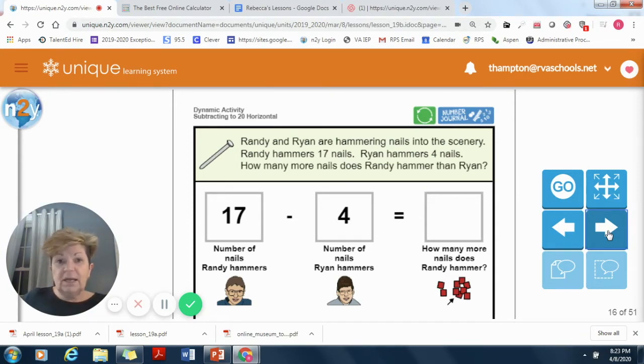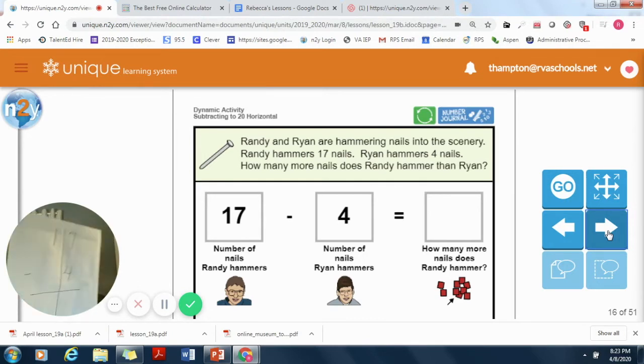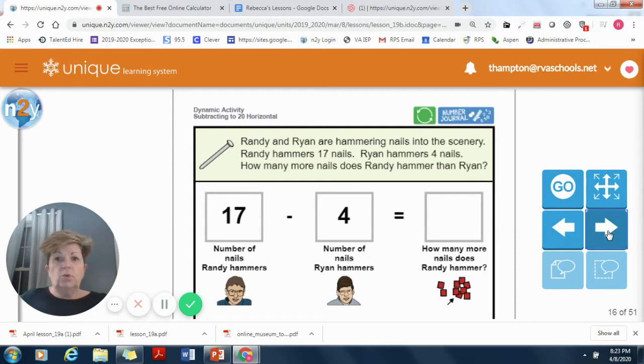So 7 minus 4 in our ones column, right? We can draw our 7 dots, take 4 away. We can draw 7 hash marks, take 4 away. We can put up 7 fingers, 4 away. So you use what strategy works well for you.